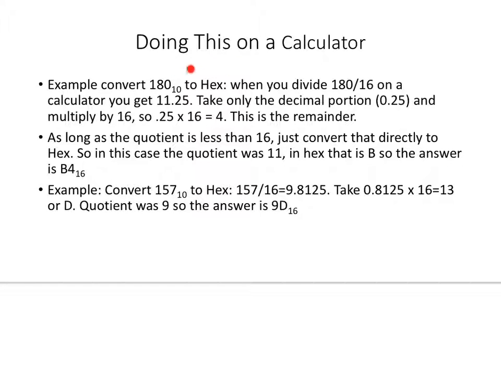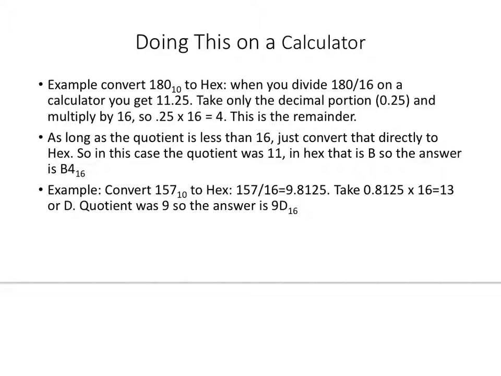Okay, now sometimes you're going to want to do this on a calculator. Some of them are simple. You don't need a calculator, but for some of them, a calculator comes in handy. So let's try 180 base 10. You want to convert that to hex. So when you divide 180 by 16 on a calculator, you're going to get 11.25.